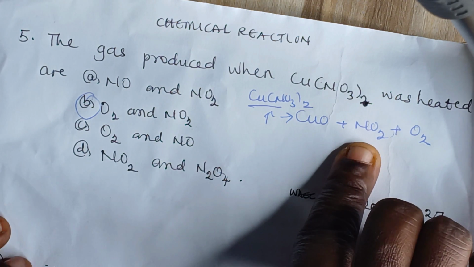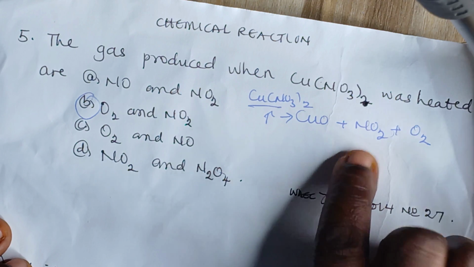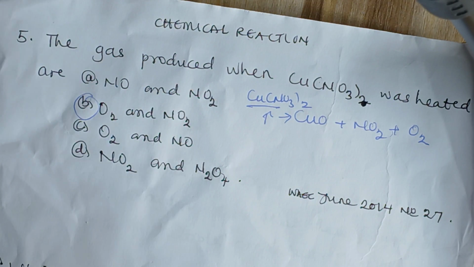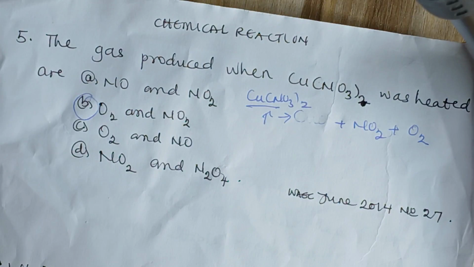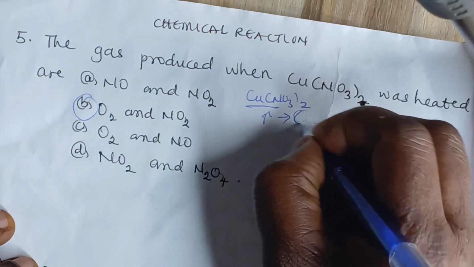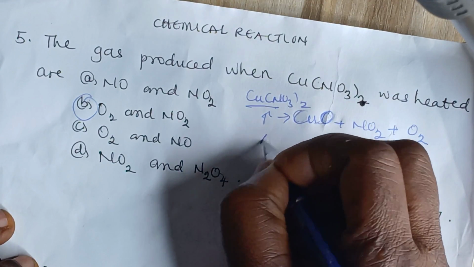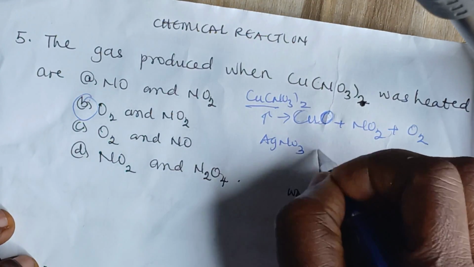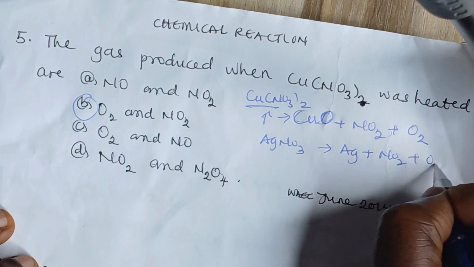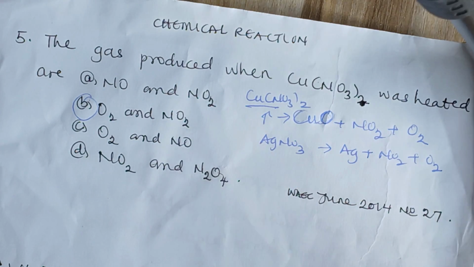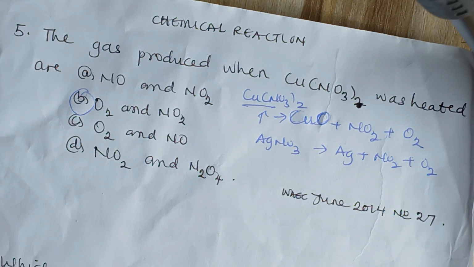For elements below hydrogen, like silver nitrate, if they are heated, we end up getting silver, nitrogen oxide, and oxygen. The same applies to silver, gold, mercury, and so on. Now the best answer here is B.